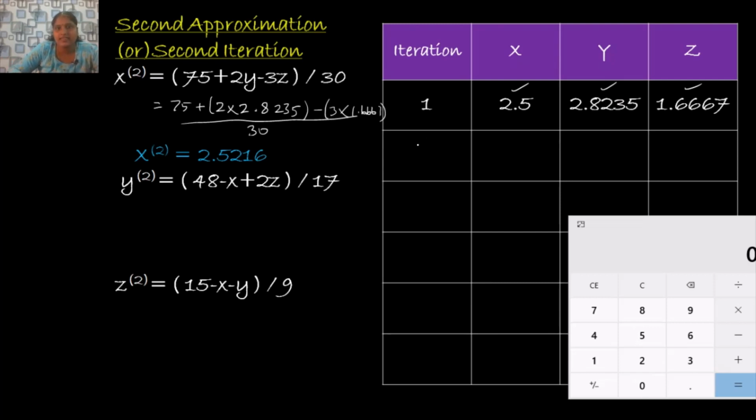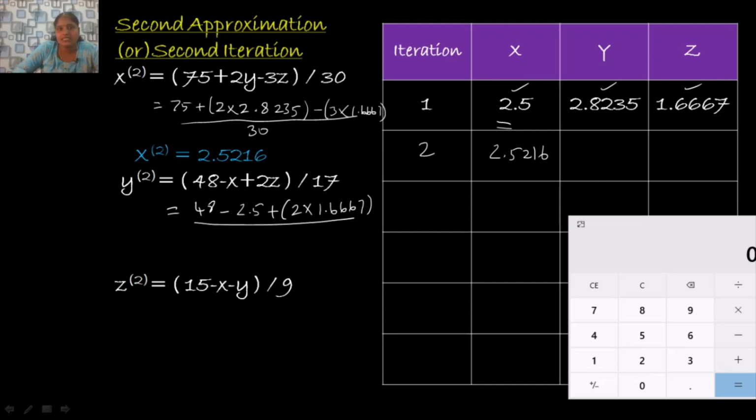So in the second iteration, you have x equal to 2.5216. For the value of y, 48 minus the x value 2.5 plus 2 times the z value 1.667. Whenever there is a product, you have to write it within parentheses like this. In the same way, you have to use this in the calculator for calculating these values.